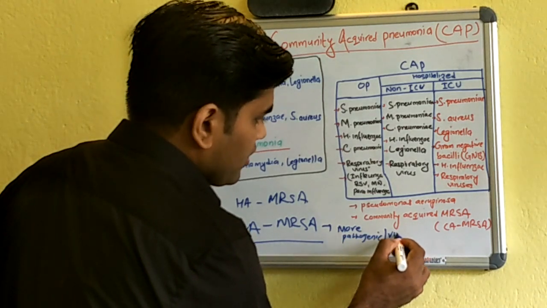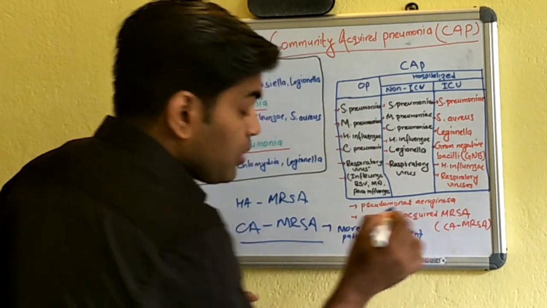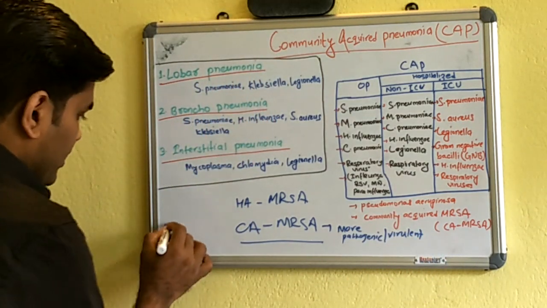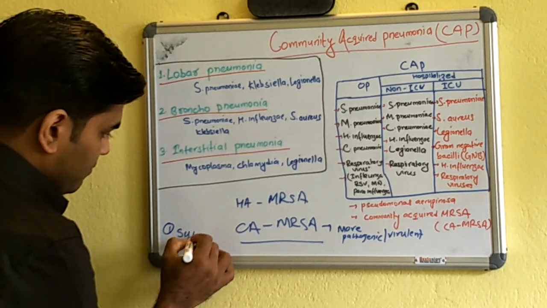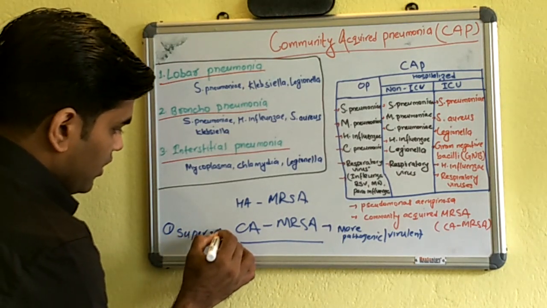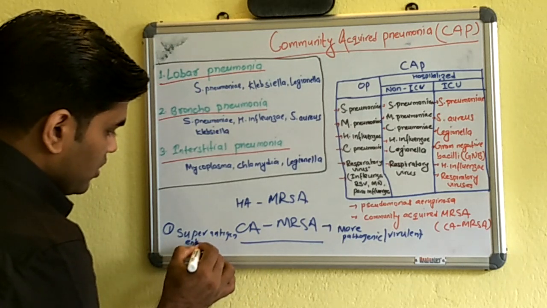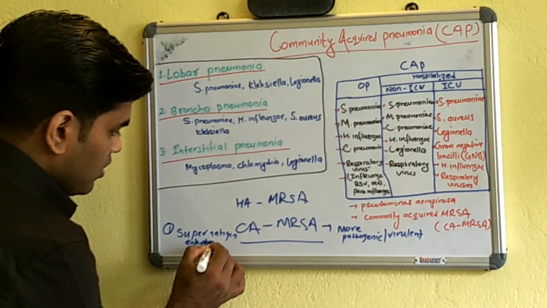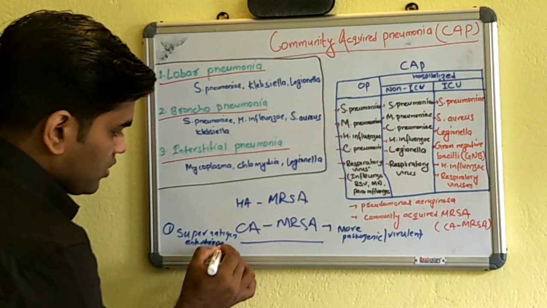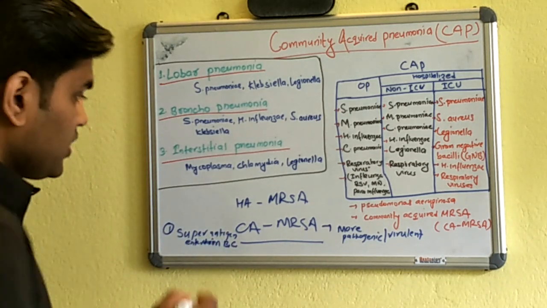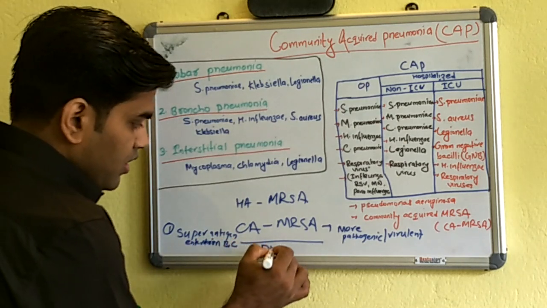And why is it virulent? Because it contains two things. One is superantigen, that is enterotoxin B and C. And another point is it contains PVL.